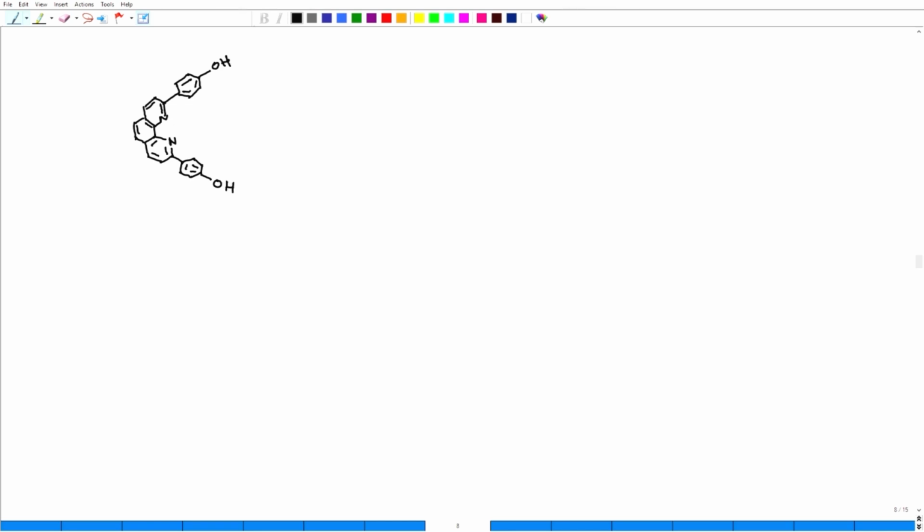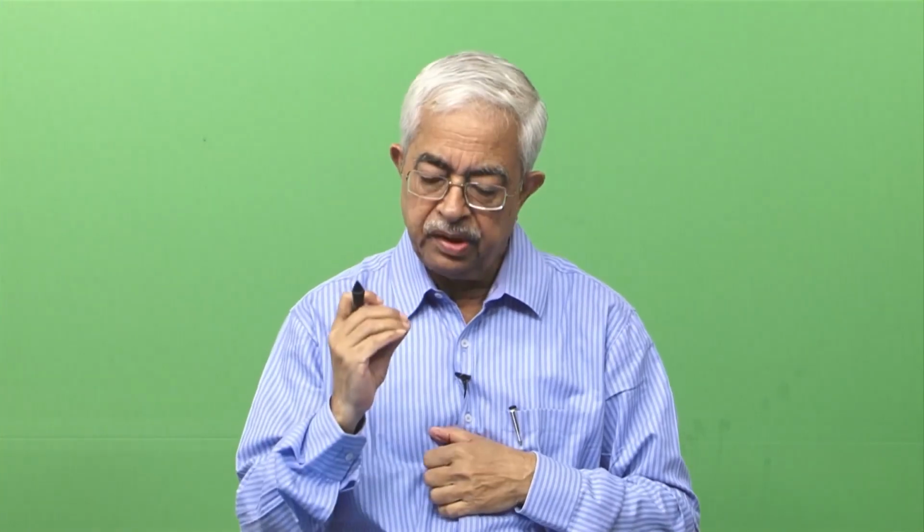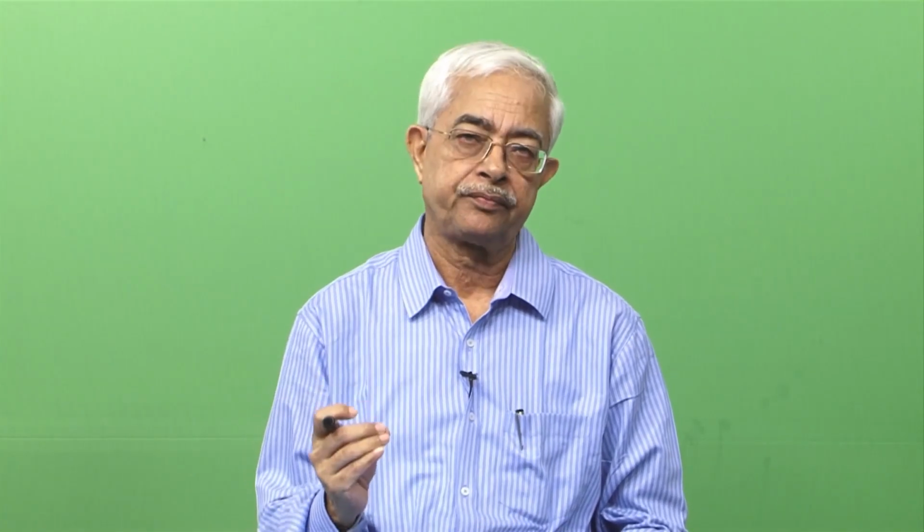First I will discuss why we take this to make catenane. If you look at this particular molecule, what does it look like? It looks like a very rigid structure. We take a very rigid structure because if it were flexible, these two arms would go here and there and we may not be able to isolate the catenane.